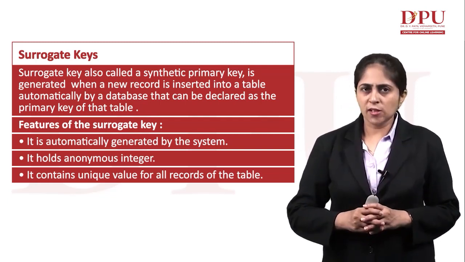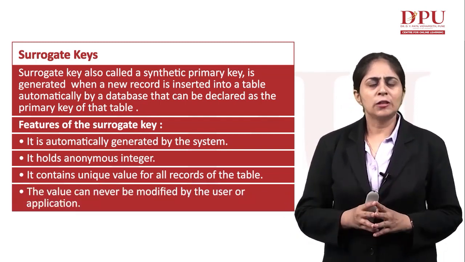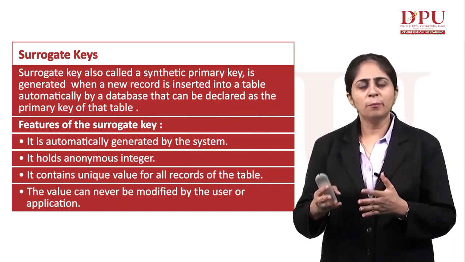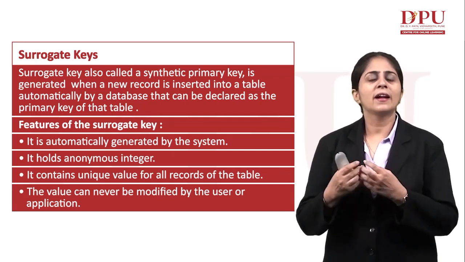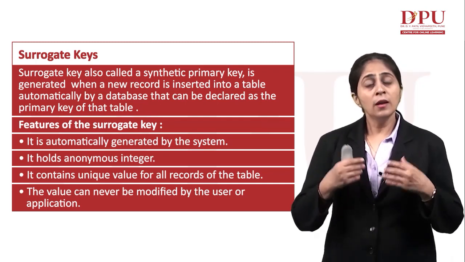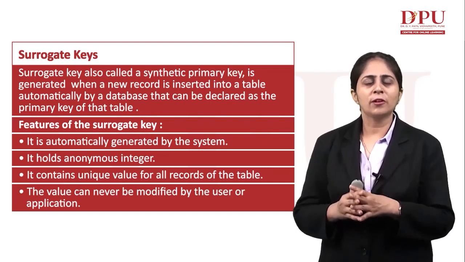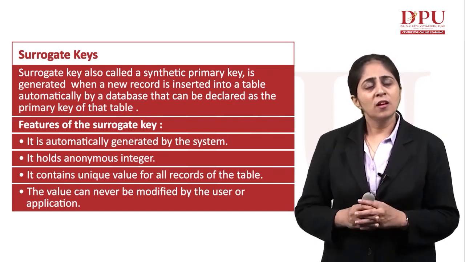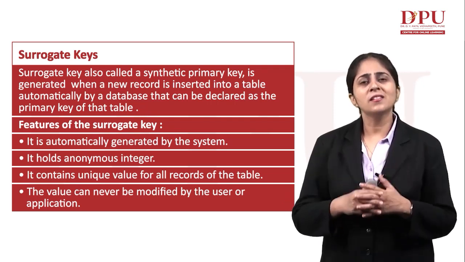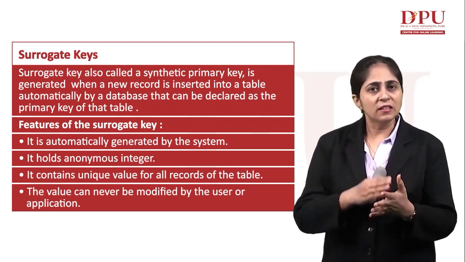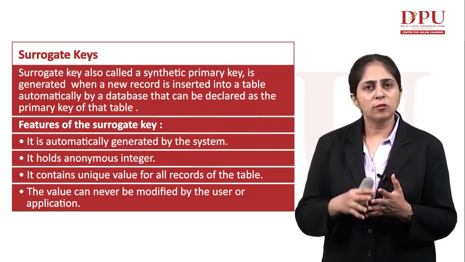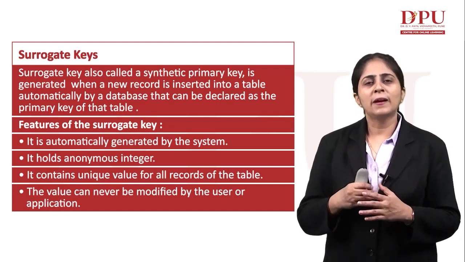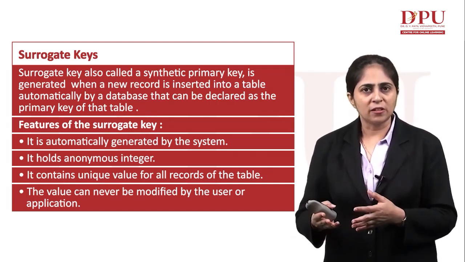Next feature of our surrogate key is that its value can never be modified by our user or our application. Because at the end of the day, this value is going to be used by the database to refer to the records. It is in a way serving as a primary key. Though it is synthetic, just created for the usage of the database, it should never be changed by the user or the application.